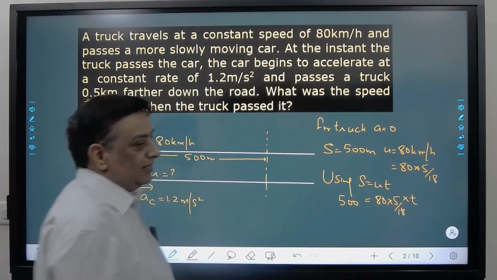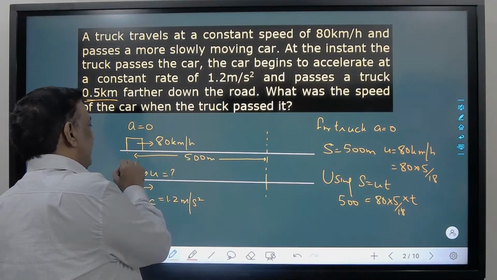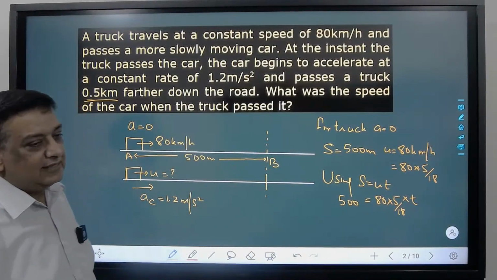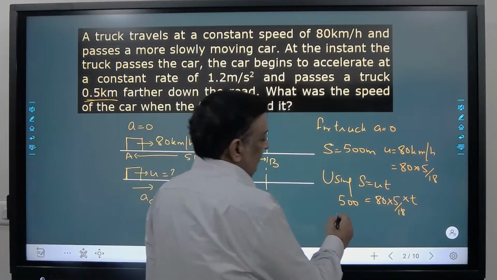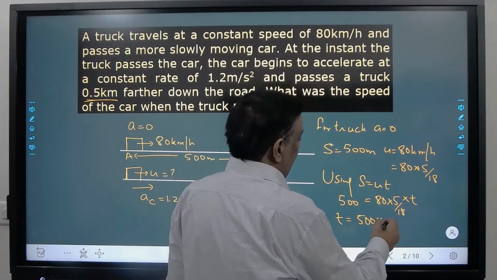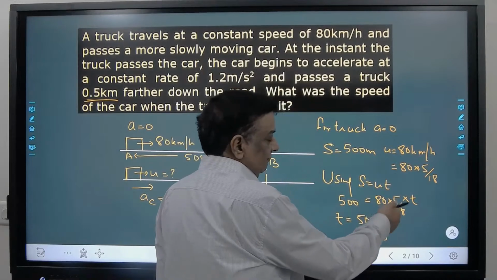So we can find the time taken by the truck to move from point A to point B. In the same time, car also travels the same distance. So t is 500 into 18 by 80 into 5 is 400.